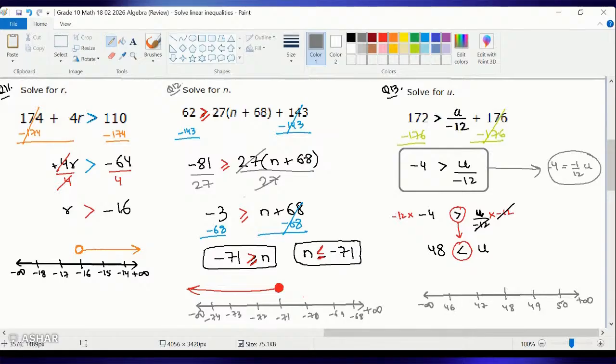We can do as many markings as you want, but a few markings are more than enough. It says u is greater than 48. That means, can u be 48? Because we do not have an equal sign, it's not included. But u can be 49, 50, 60, any number that is greater than 48.